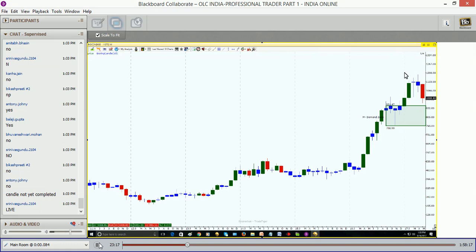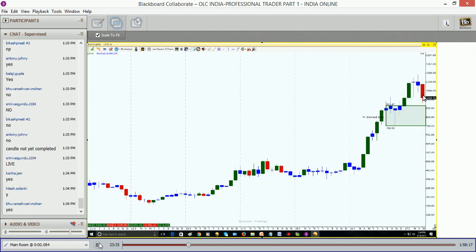No, you cannot mark this as your supply zone, because would you all agree this last monthly candle over here is a live candle? Yes.